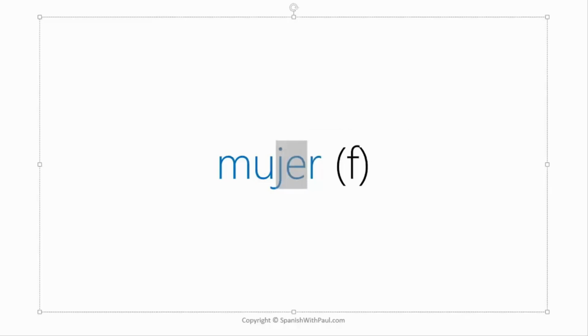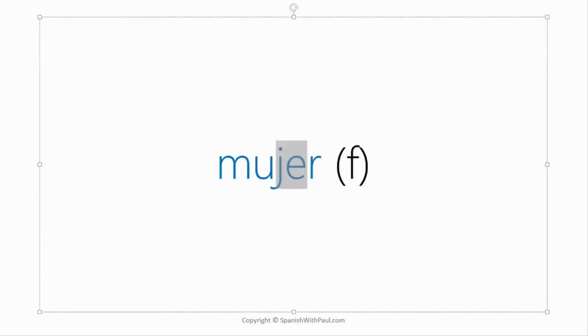Another example would be the word for table, which is mesa. Again, ending in A, it's a feminine word. So to say this table, it would be esta mesa. The word for woman is mujer. This J has kind of like an H sound.